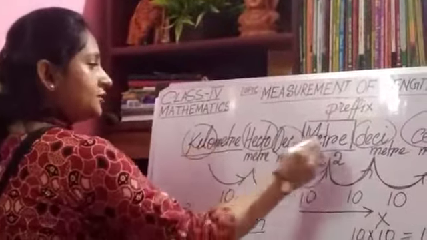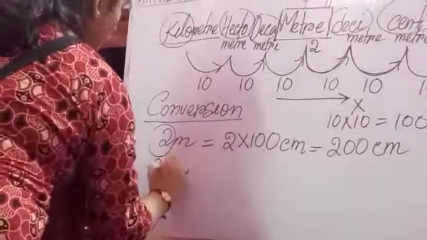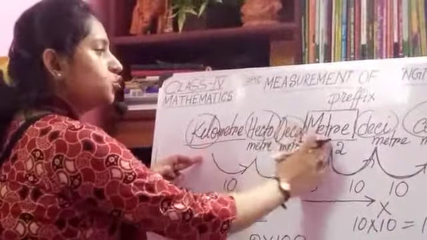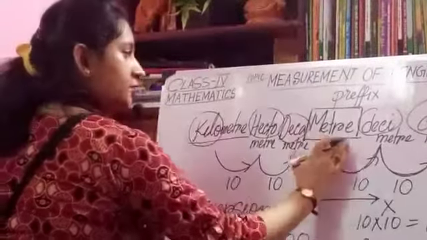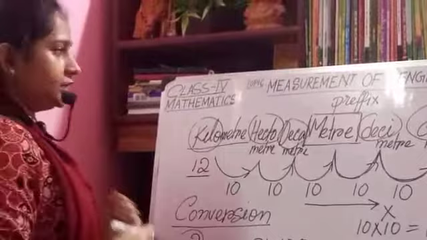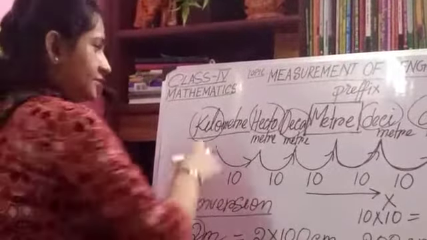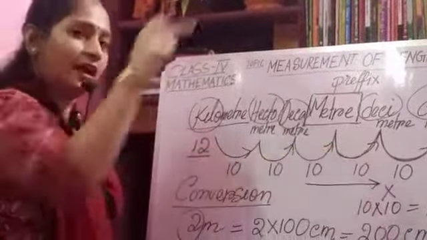Now, children, let us convert kilometer to meter. Right? 12 kilometer. And I want to convert from kilometer to meter. So, 12 is sitting under this column, kilometer. Now, I have to count gaps. Since I am going right hand side, I will multiply.